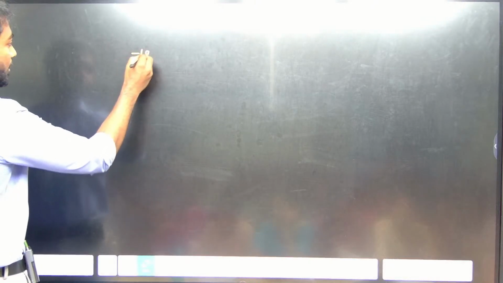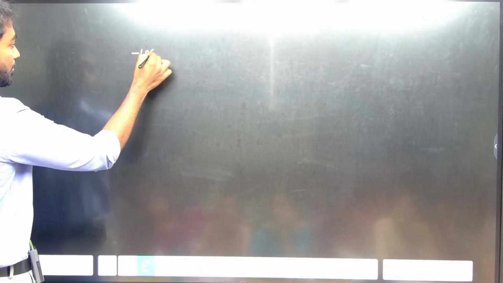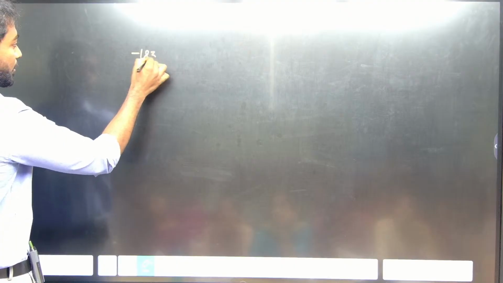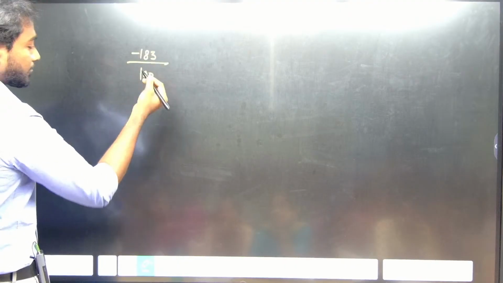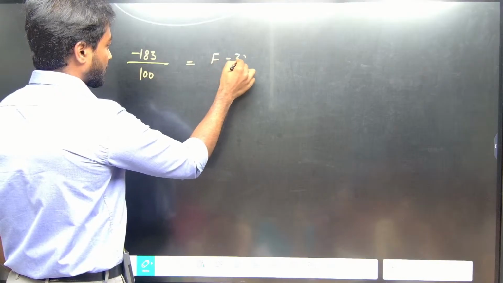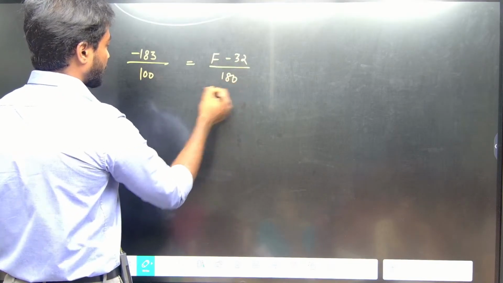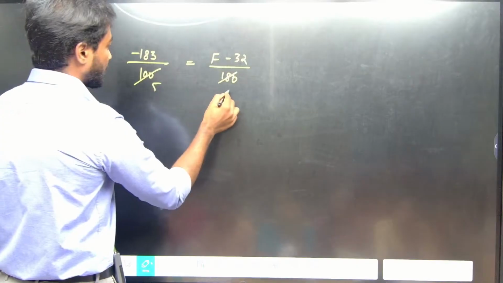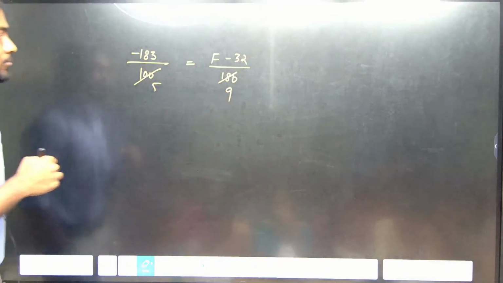So what is the question given? First question? Okay, minus 180 by 100. Should be equals to f minus 32 by 180, 5 times 9 times.